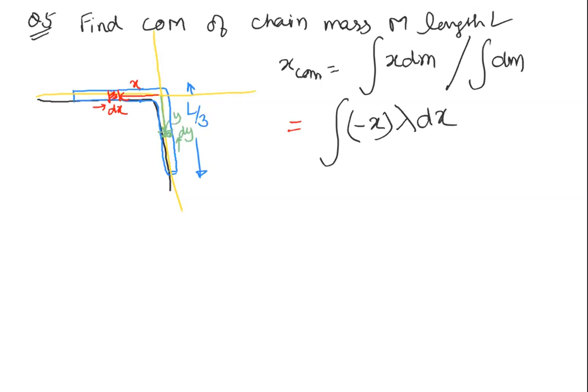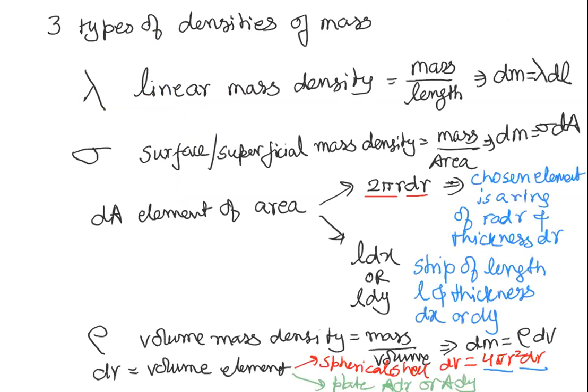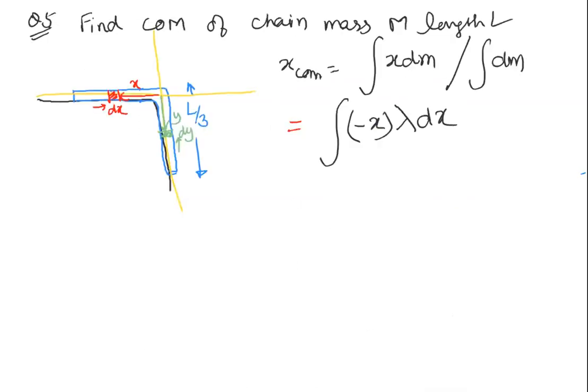This is why I taught you this thing. So dm is equal to lambda into length of element. Here dl is written, there it will become dx, then after that dy, right? That will be variable. That will keep on changing depending on what you have chosen. Divided by integral lambda dx, because that is what is dm.